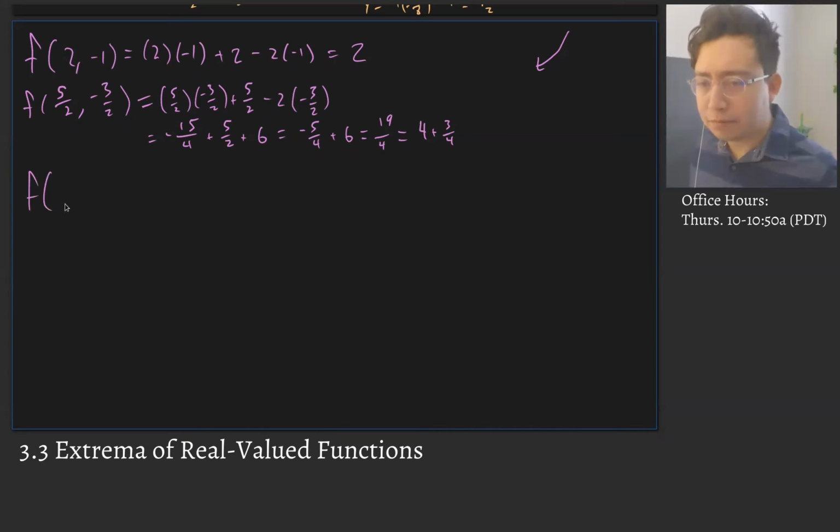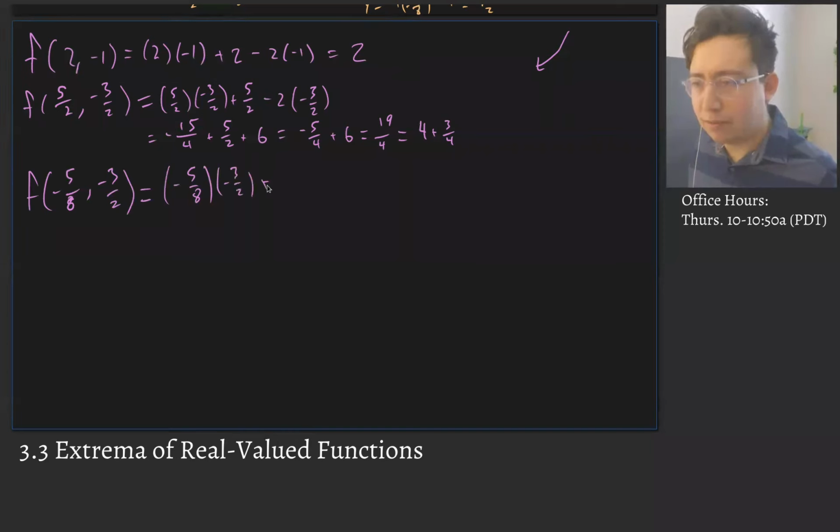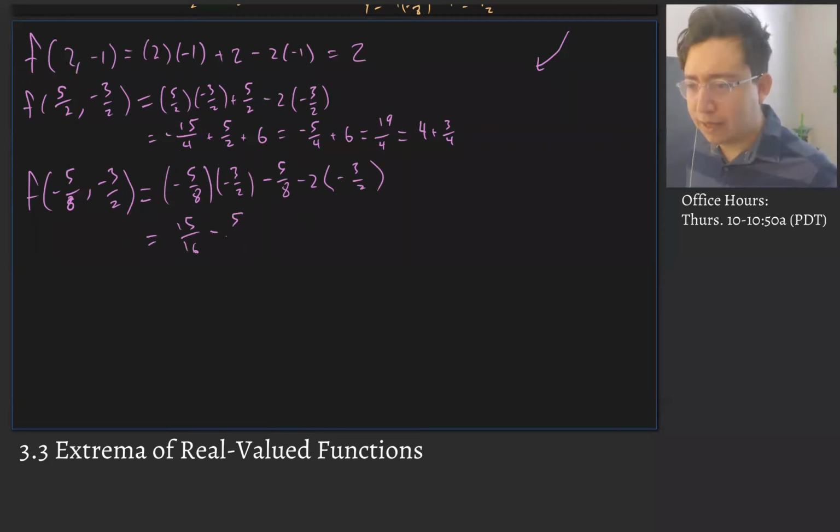Okay. And last but not least, we plug in negative 5/8, negative 3/2. And so we get negative 5/8 times negative 3/2 plus negative 5/8 minus 2 times negative 3/2. Then we just do this arithmetic game. So we get positive 15/16 minus 5/8 plus 6.